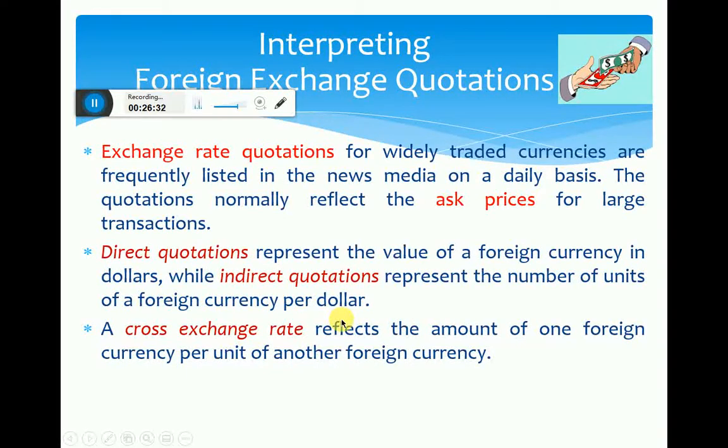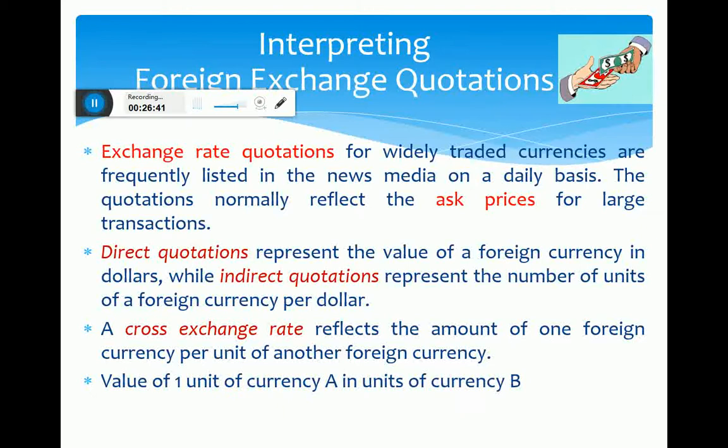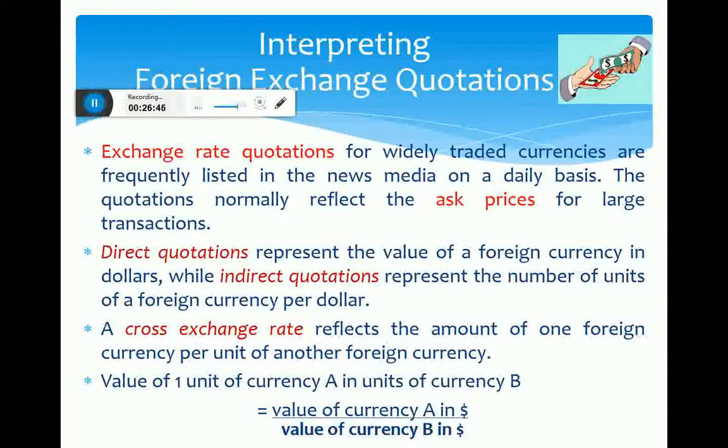There is a cross exchange rate, which is basically the amount of one currency per unit of another currency. For example, there are two international currencies and you want to know the exchange rate between them. So you'll put currency A, for example Afghani, and Pakistani rupees. Let's suppose with respect to the dollar, nowadays the Afghani is 82.1 or 81.5, for example.